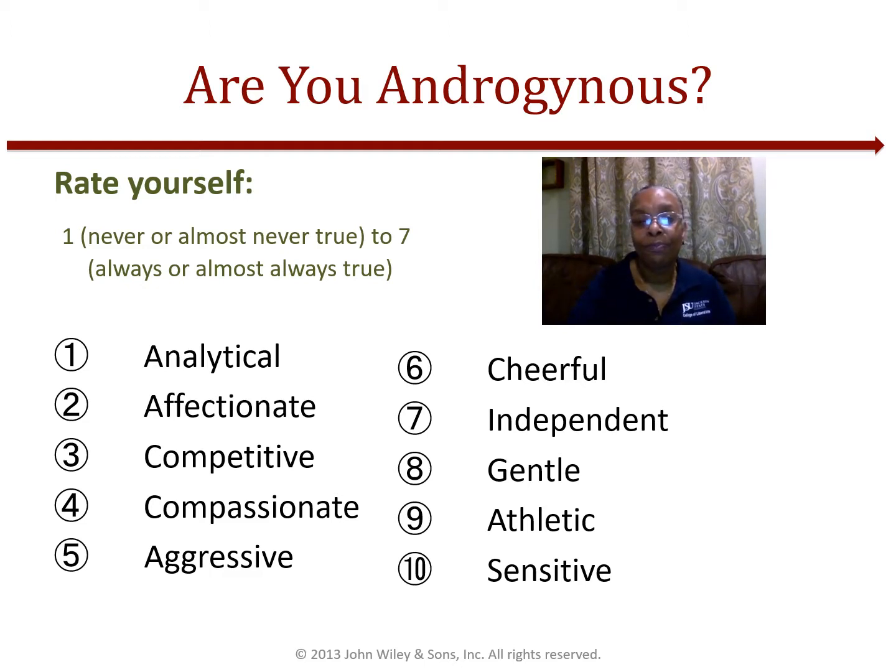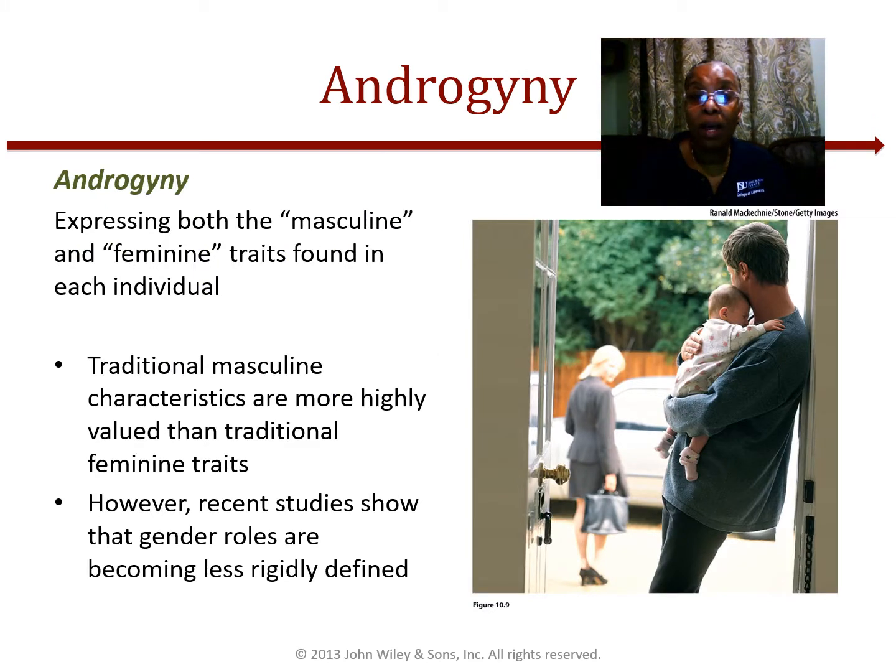All right, so let's talk a little bit about androgyny. One way to overcome rigid or destructive gender role stereotypes is to express both the masculine as well as feminine traits found in each individual. An example would be being assertive and aggressive when necessary, but also being gentle and nurturing.